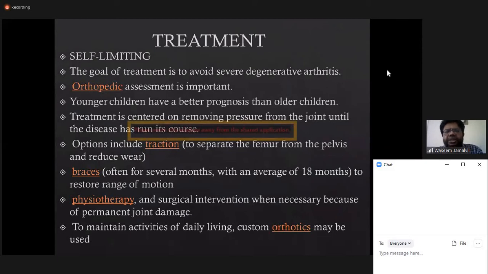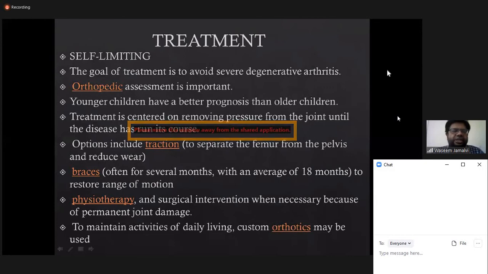If they can be presented at an early age, there is a chance of picking up this disease. It is a self-limiting disease in an early age group, before the age of 6 years.